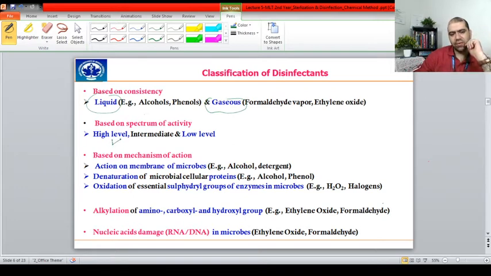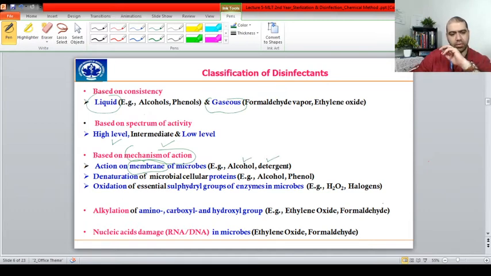Do they have a high level of activity, broad spectrum on many microbes, or intermediate or low activity? They can also be classified based on their mechanism of action. For example, some chemical disinfectants can act on the membranes, particularly in gram-negative bacteria or viruses, which have a membrane surrounding them. In this case, alcohols and detergents can be used.